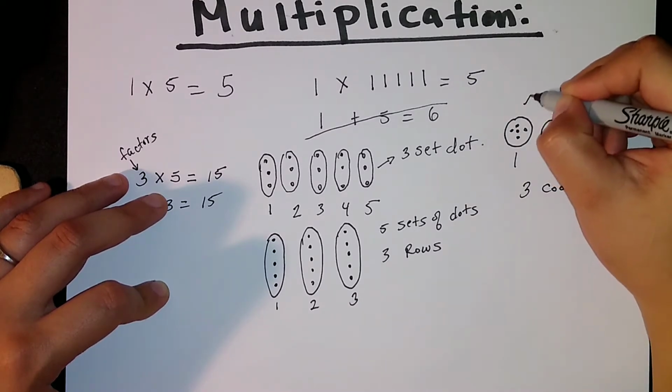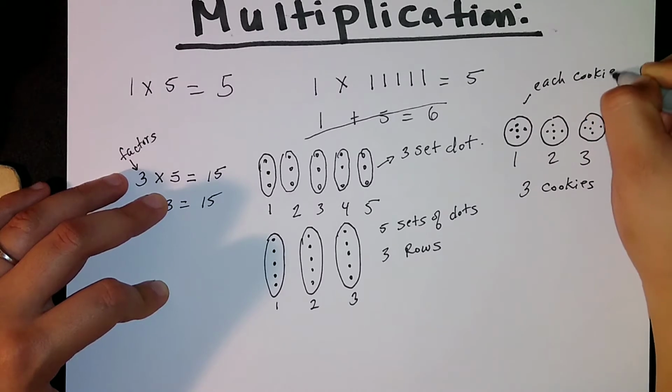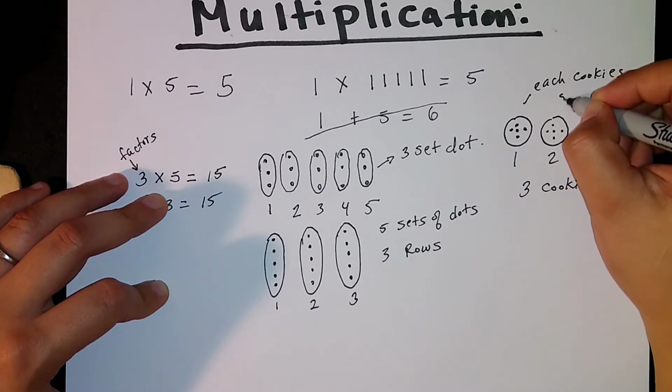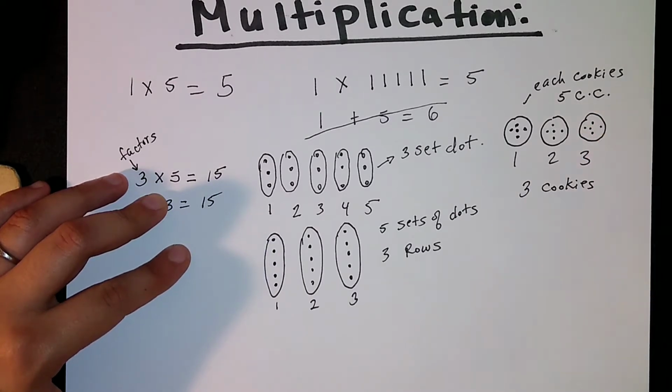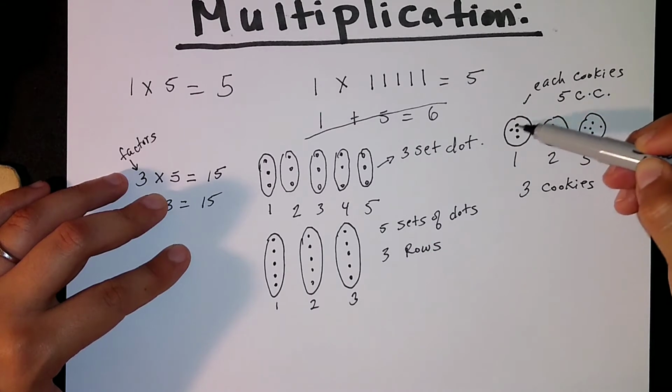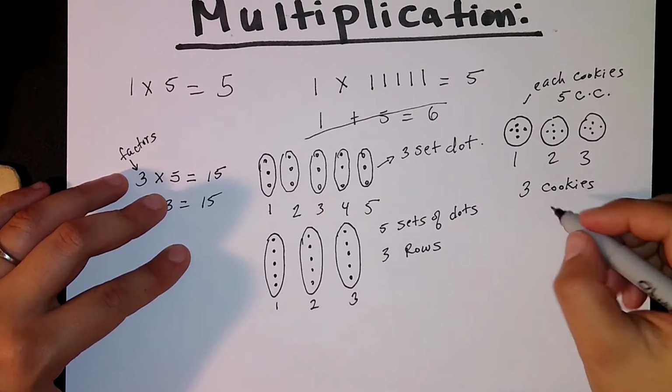Each cookie has 5 chocolate chips in them. So if you count the dots, it's 1, 2, 3, 4, 5, 6, 7, 8, 9, 10, 11, 12, 13, 14, 15.